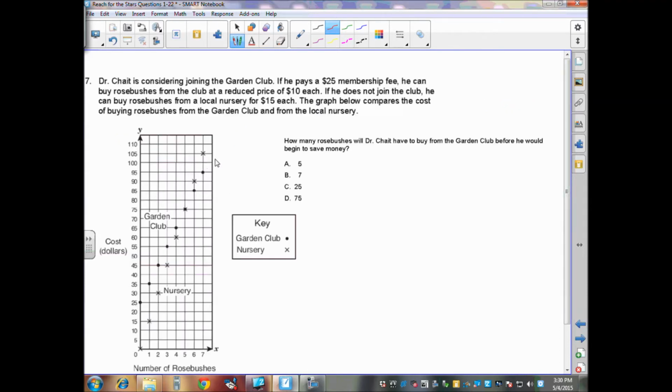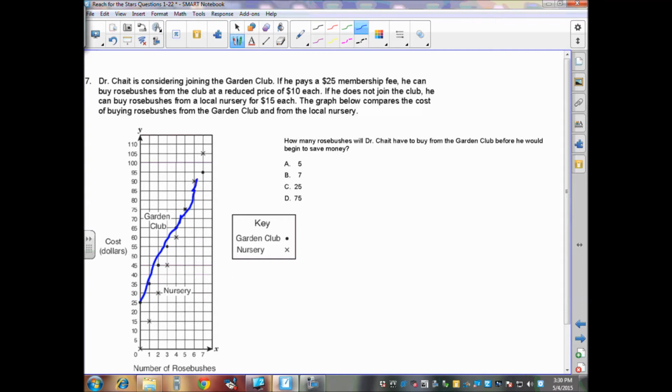Okay, this one, if he joins the garden club, that's these dots. And so I am going to connect those with a line. That's if he joins the garden club.